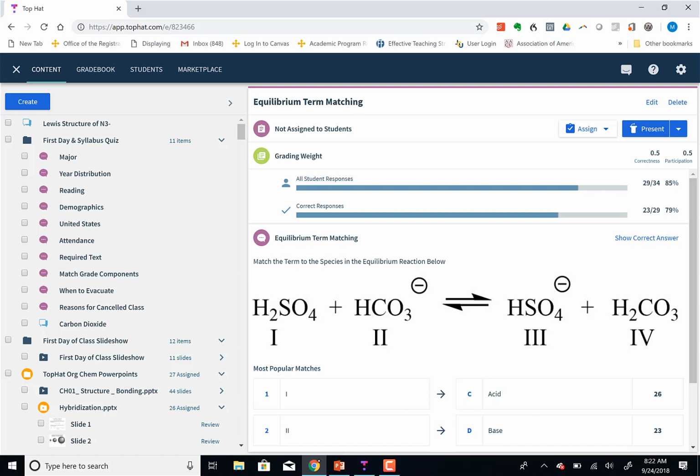Got to determine which one's the acid and the base. So in this case, which one's the acid? That H2SO4. Because it's donating a proton to the HCO3 so that it becomes HSO4 minus and H2CO3. So that's the first thing you have to do. That may seem obvious, but that's the first step.